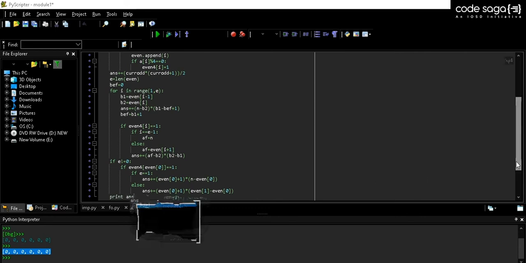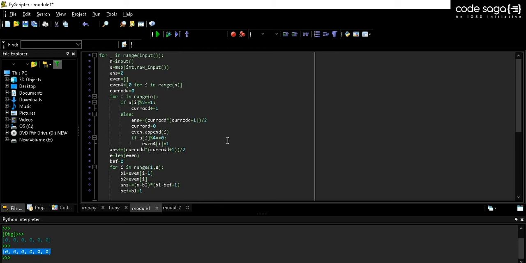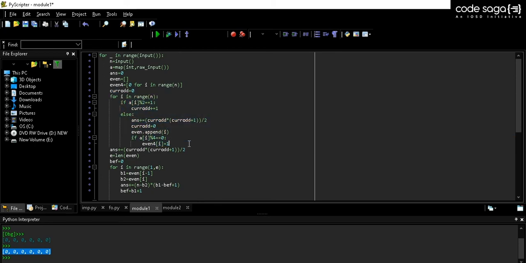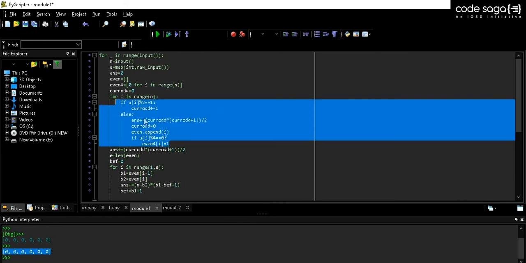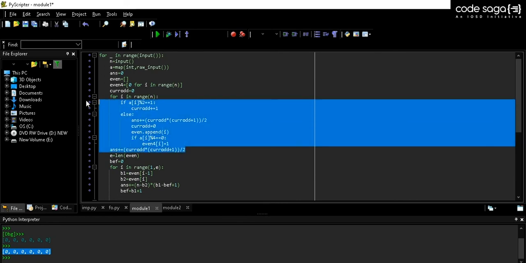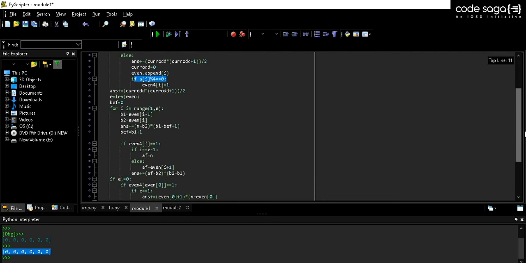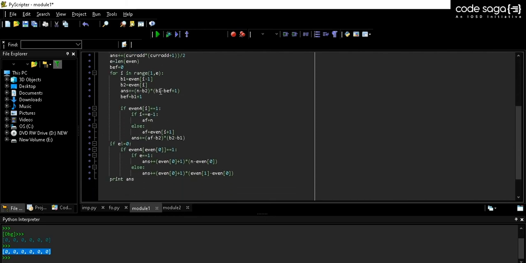So what we did from the start, I'll just explain it again. We first found the chain of odd numbers, and we added all the contiguous subsequences of that odd chain into the answer. Then we found the positions of the even numbers, and which even number is also divisible by 4, as that can be a difference of 2 squares.